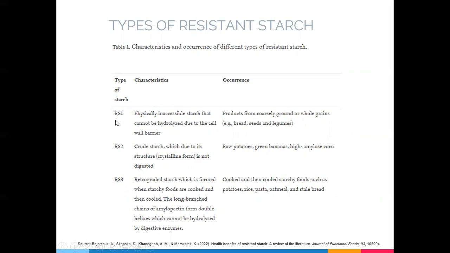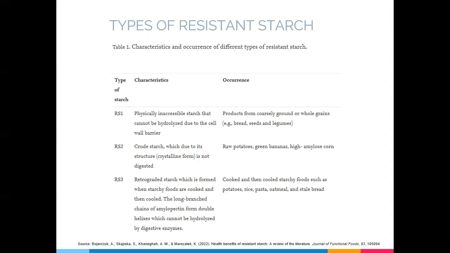The main characteristic of RS1 is that it is a physically inaccessible type of starch. That means the starch cannot be accessed by the enzymes because they are located in a compartment of the cell that is physically inaccessible by enzymes.